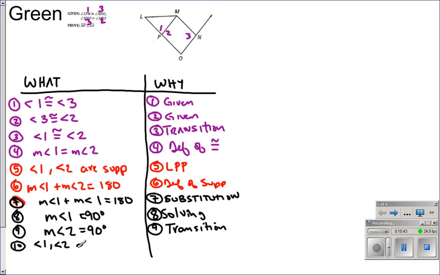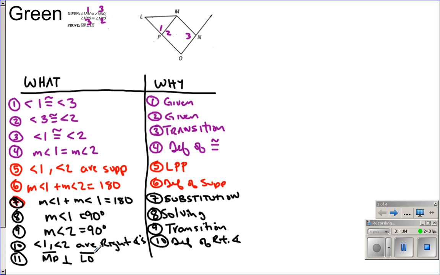And that's going to be by the definition of right angle. And our final step is if they're both right angles, that would force the line MP to be perpendicular to the line LO. And that's going to be by what it means to be perpendicular.